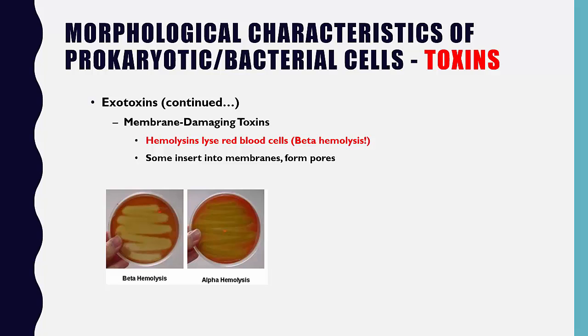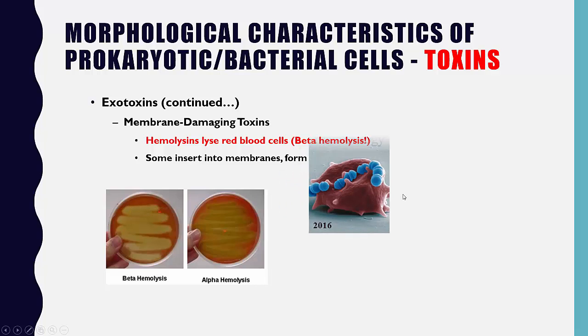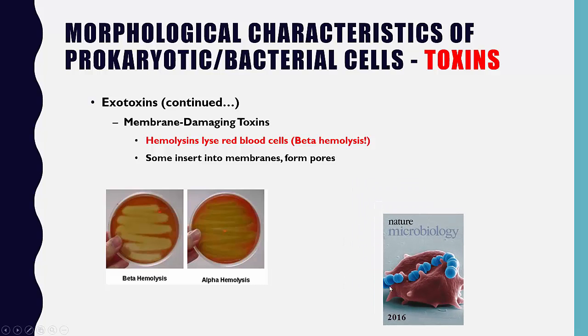Now, this is really important, especially if you are classifying strep, group A strep, or one of the other types of strep. Because group A strep releases this kind of hemolysin. So if group A strep is growing amongst red blood cells, it releases an exotoxin that causes the red blood cells to explode. And this is from nature, and it shows the red blood cell kind of falling apart here.